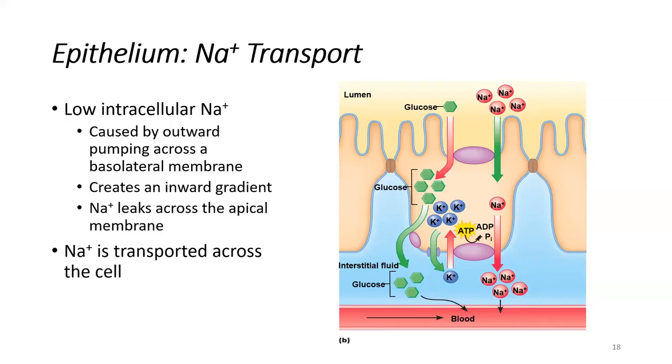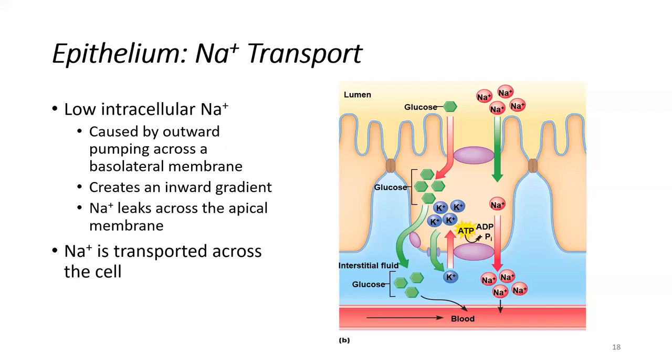So we're actually keeping the relative intracellular and extracellular concentrations of sodium stable because sodium is moving in both directions. So what I'm trying to say here is we're not going to build sodium up inside the cell or outside the cell because we have it moving both in and out of the cell respectively.